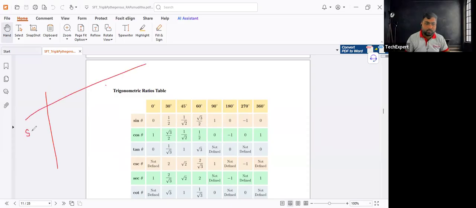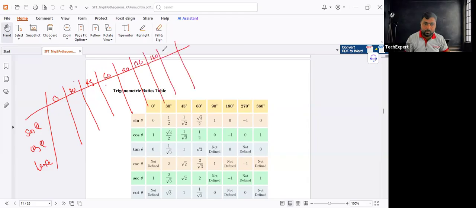Here, sine theta, cos theta, tan theta, then 0, then 30, next must be 45, 60, then 90, then 120, 150, and 180.